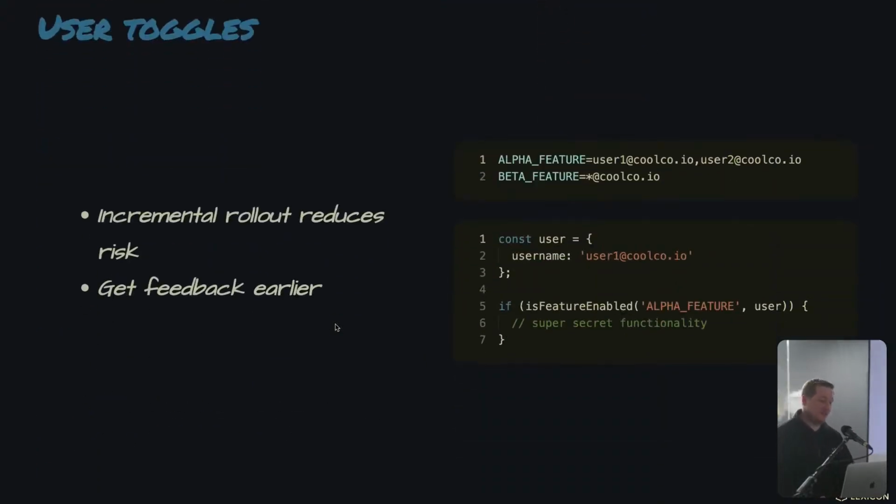And user toggles. So with this one, we extended the is feature enabled to accept our user, and now we can make smarter choices about when the feature is on or off. So in my little example here, I'm using the username, and I'm saying, for this alpha feature that we've got, we're only going to give it to user 1 and user 2.